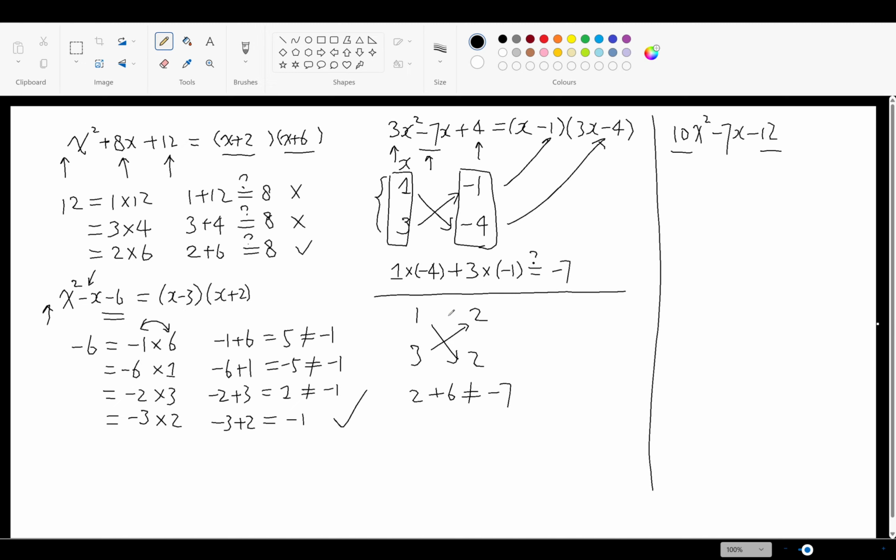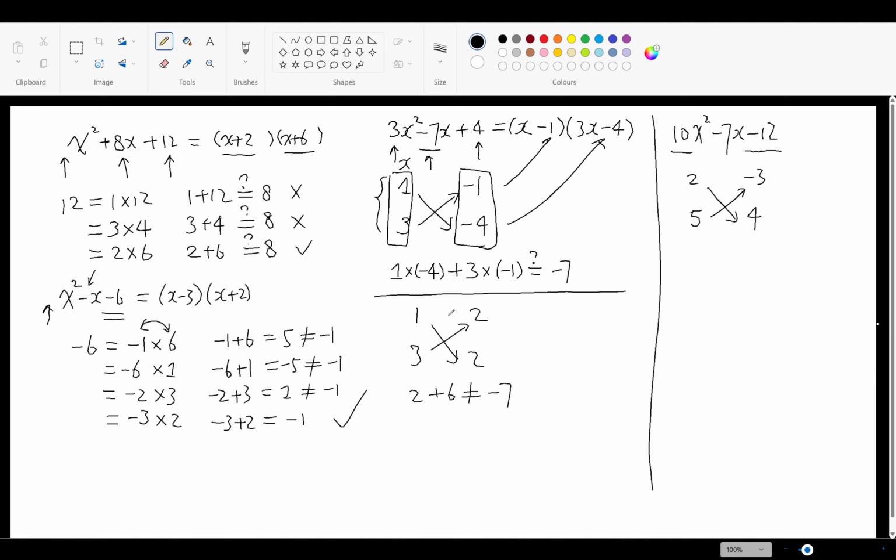So here I'll factorize 10 into 2, 5, and then I'll factorize minus 12 into -3 by 4, and then I'll do the cross multiplication and sum them up.